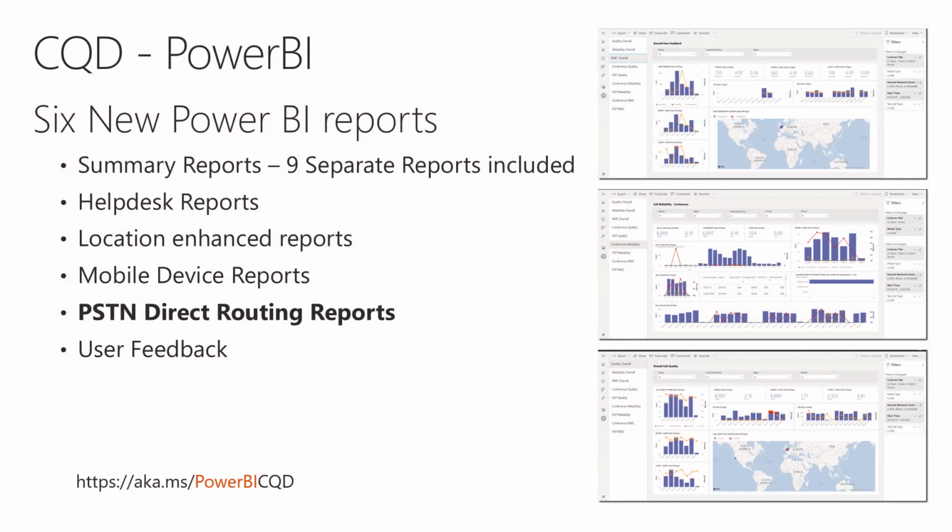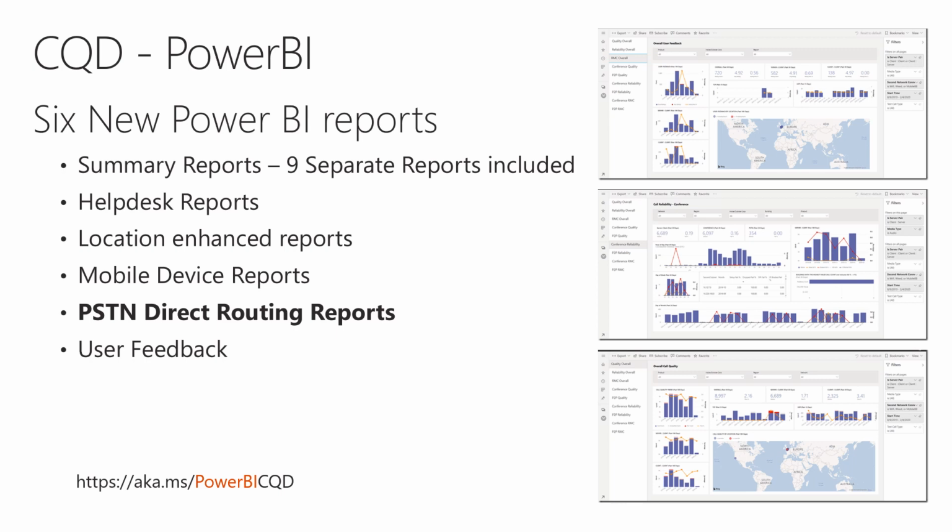Now, inside of the call quality dashboard, we have also exposed a set of Power BI reports. These Power BI reports include a set of summary reports, the various help desk reports, location enhanced reports, mobile device reports, and for the purposes of this training, PSTN direct routing reports that let you drill into more and more detail of all the calls that were made through the PSTN direct routing infrastructure.